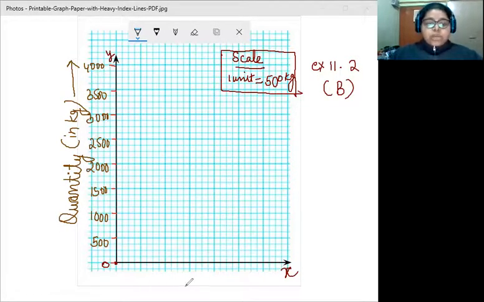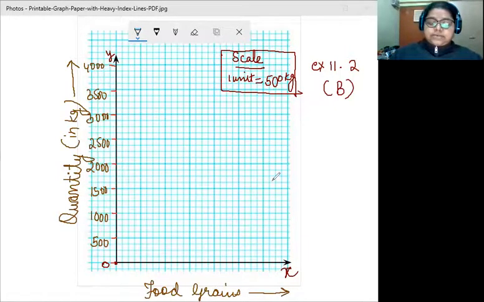Now just see, what are we going to show in the x-axis? Food grains. So write food grains here. And because it is going from left to right, make a ray or an arrow like this. This is a basic thing that you have to do. Now comes the drawing of it.